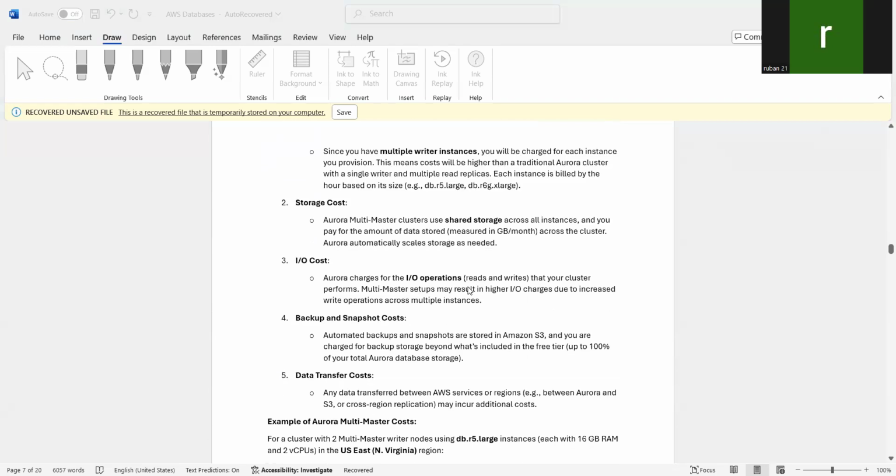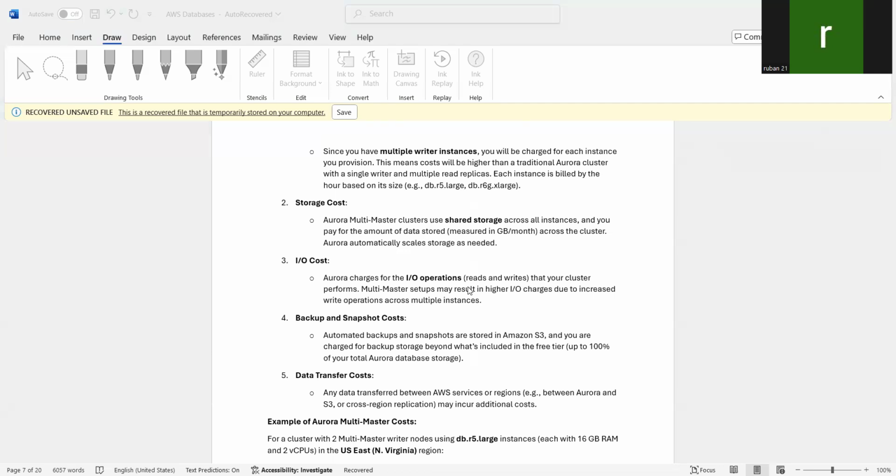Now the cost of Aurora Multi-Master. The cost includes several components. Instance cost. Since you have multiple writer instances, you will be charged for each instance you provision. This means the cost will be higher than a traditional Aurora cluster with a single writer and multiple read replicas.